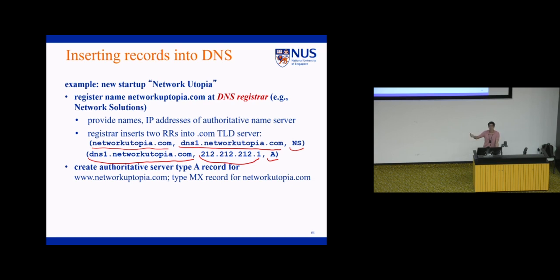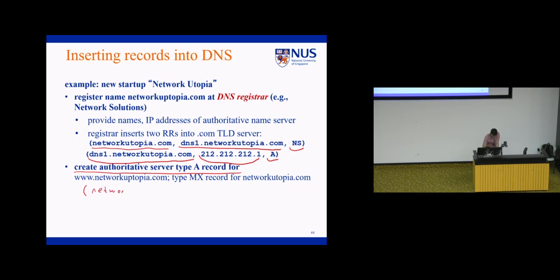But it doesn't end here, right? They also need to query our authoritative name server for our host name's IP address. For that, we create this authoritative name server and include a type A record for networkutopia.com. So how does it look then?